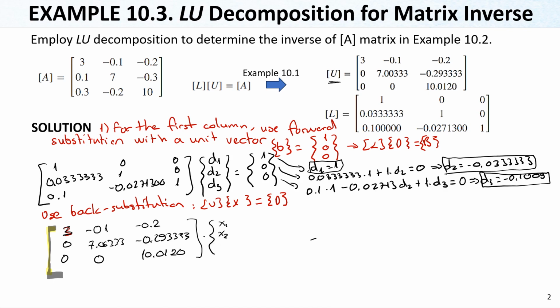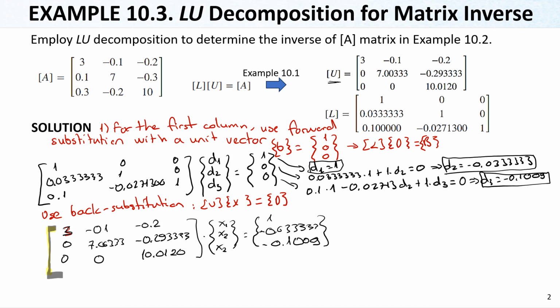And these X's actually are the first column of the inverse matrix. And these are 1, minus 0.033333, and minus 0.1009. Let's solve this.